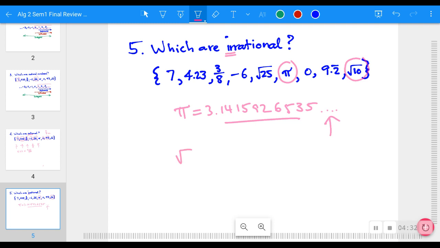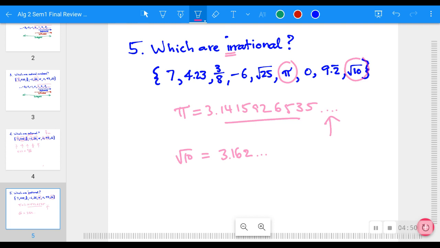Now you can take square root of 10 on your calculator. You're going to get some really nasty number starting with, I think it's 3.162, and it just gets worse from there. But these are irrational numbers.